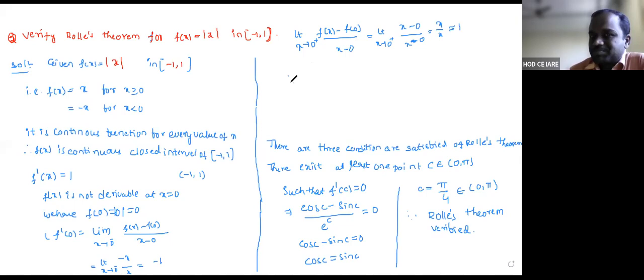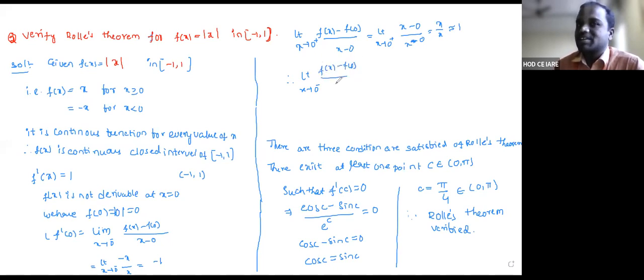Therefore limit x tends to 0 minus of f of x minus f of 0 by x minus 0 is not equal to limit x tends to 0 plus of f of x minus f of 0 by x minus 0.